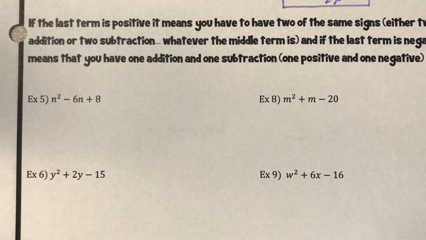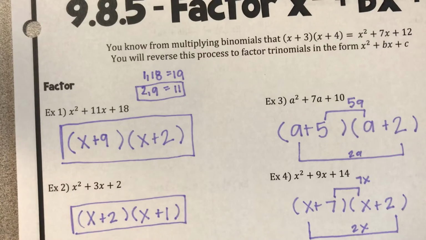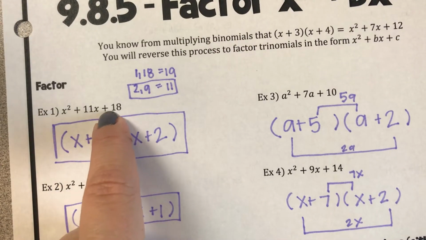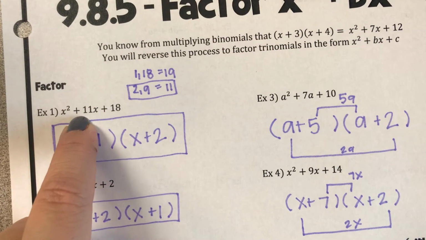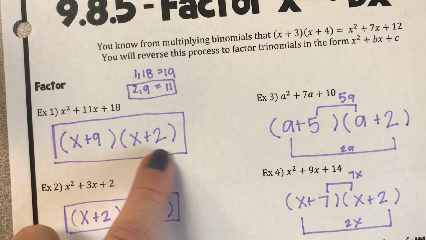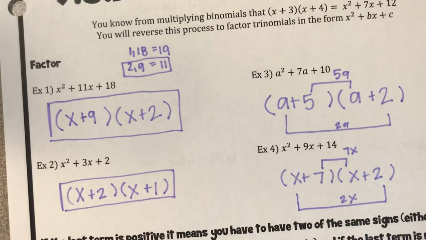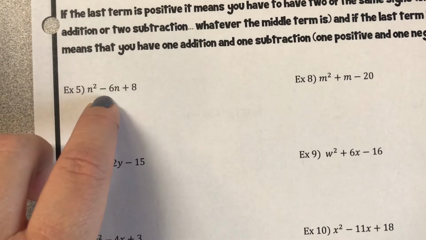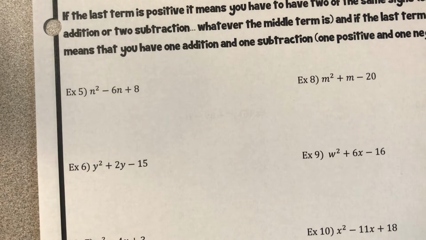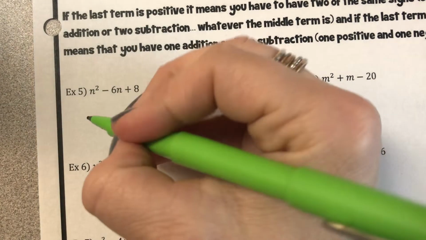Up here, this was a plus sign, so it was telling you we have two of the same signs, and it's going to be 2 plus signs. You're adding both binomials. But if you have a plus sign at the end with a minus sign in the middle, that means that you actually have 2 minus signs. Let me show you what I'm talking about.